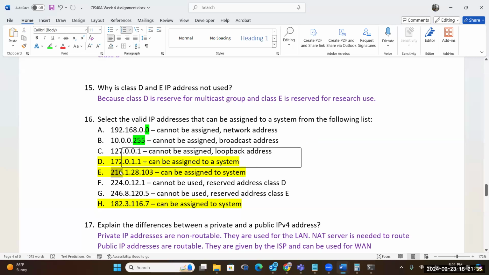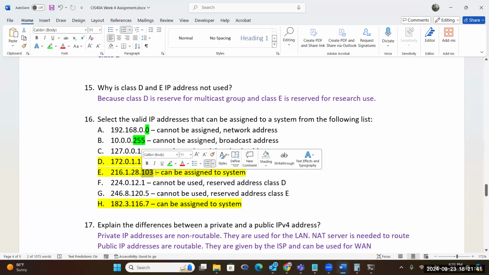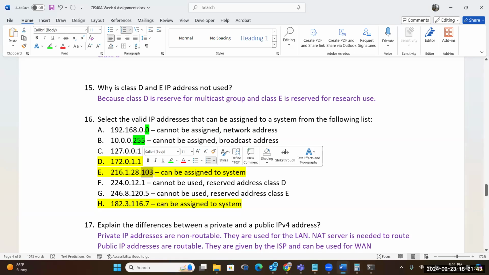The first octet is in the range of our class, and the host ID is not 0 or 255, so yes, it can be assigned.